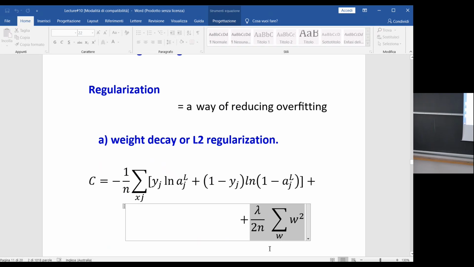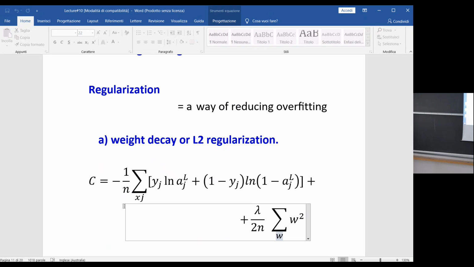It is really the mean square value of our weight functions, of all our weighting functions by all weighting function present in the network.